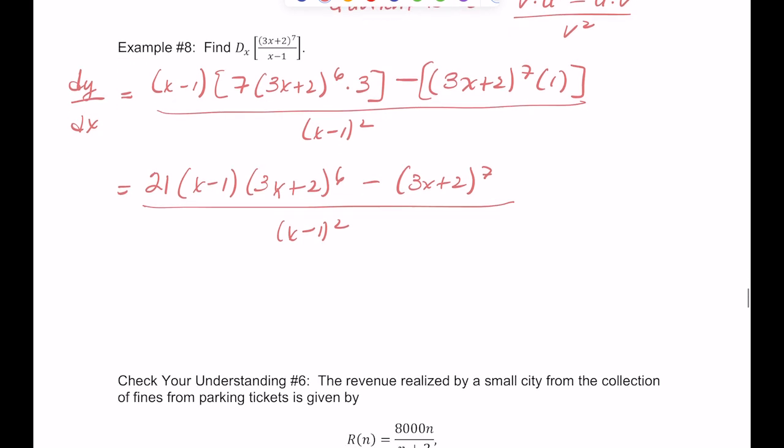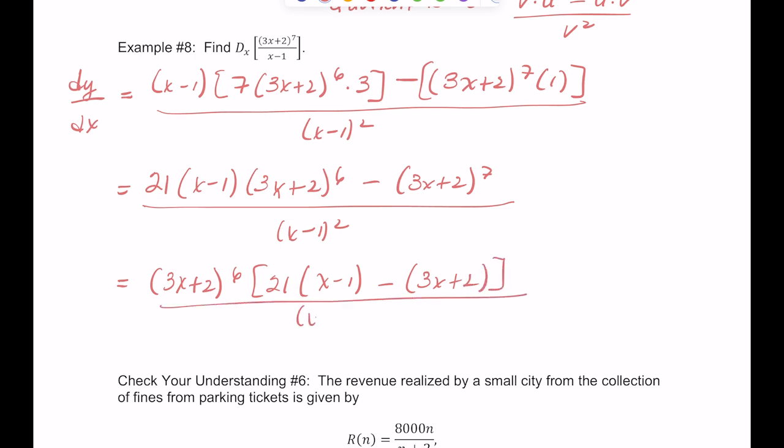Okay. Now again, I can see that I have (3x plus 2) to the sixth and (3x plus 2) to the seventh. So we're going to factor that (3x plus 2) to the sixth out of there. There's nothing else I can factor out. So I'm going to have (3x plus 2) to the sixth. Okay, and what would be left would be 21 times (x minus 1) minus the quantity (3x plus 2), and then all over (x minus 1) squared.